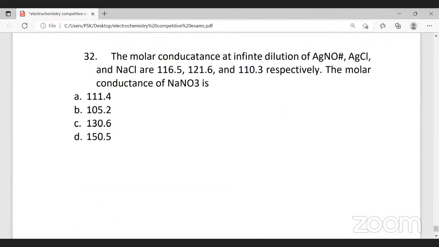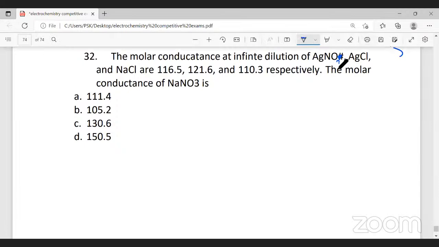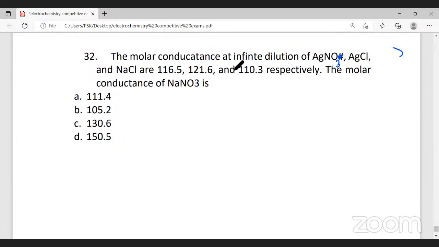The molar conductance at infinite dilution of AgNO3, AgCl and NaCl is 116.5, 121.6 and 110.3 respectively. Find the molar conductance of sodium nitrate. This is based on Kohlrausch's law.